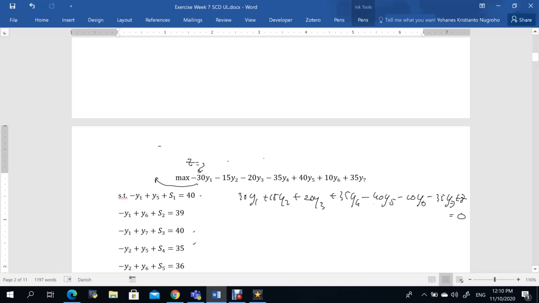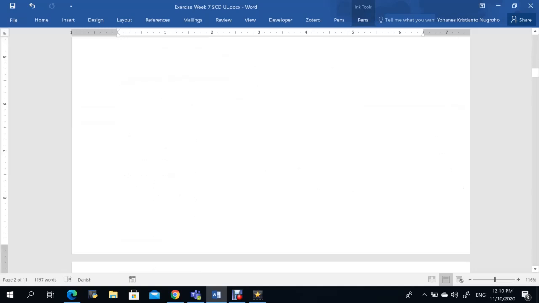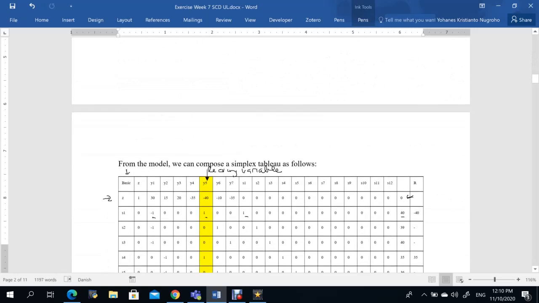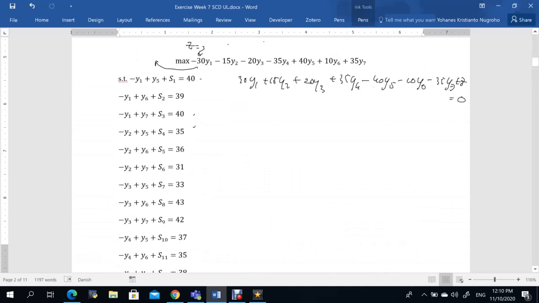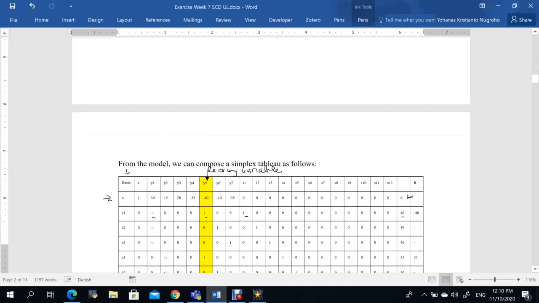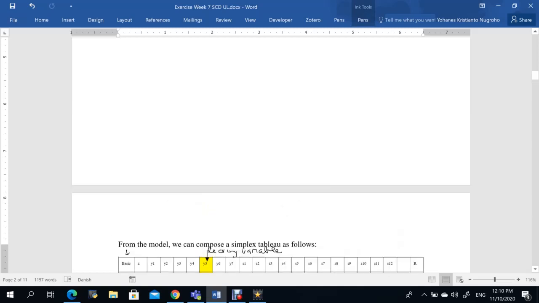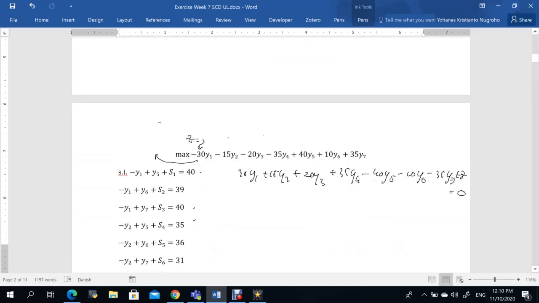And we have the following set of numbers for our objective function: 30, 15, 20, 35, minus 40, and so on. And we have also the value of our objective function equal to 0, right?